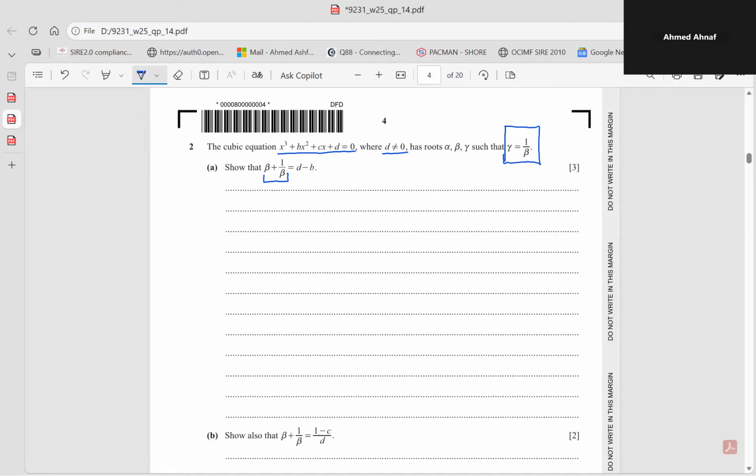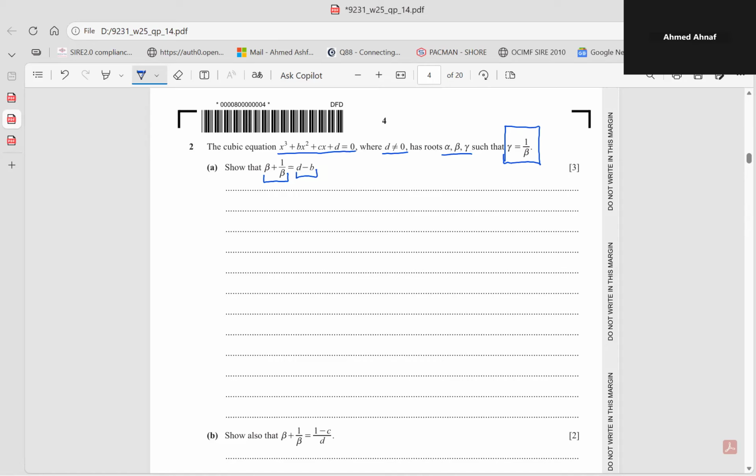Okay, first of all, to start with this, there's already a clue in the answer that we have to show on the right hand side, d minus b. Since there's only d and b, we have to find expressions for those in terms of the roots alpha, beta, and gamma.